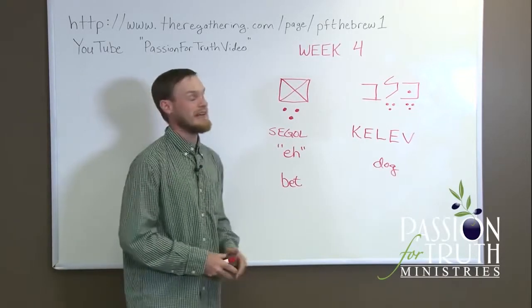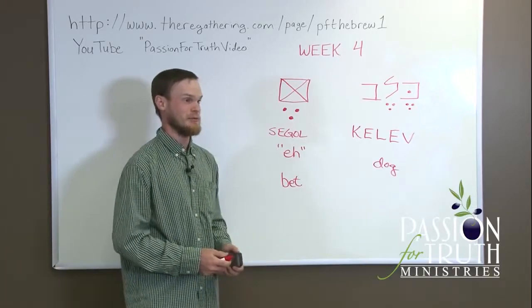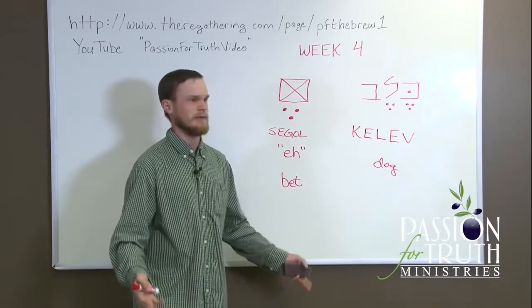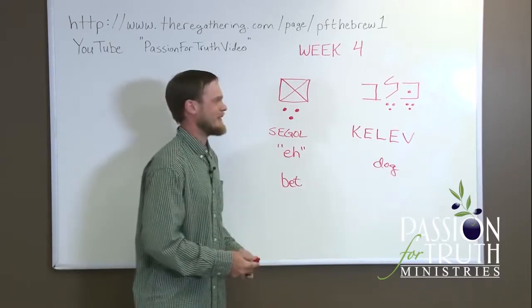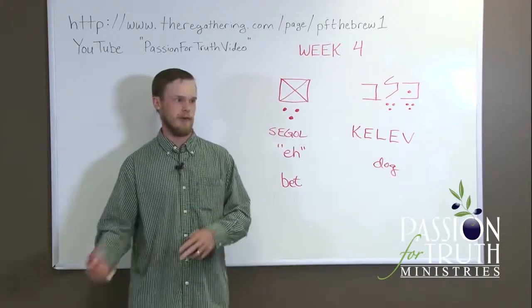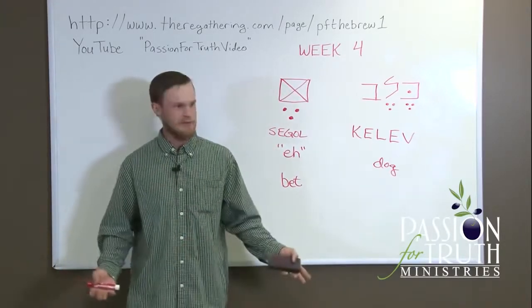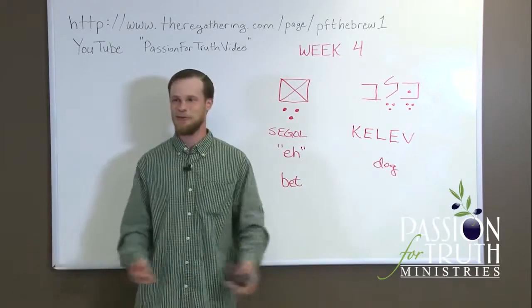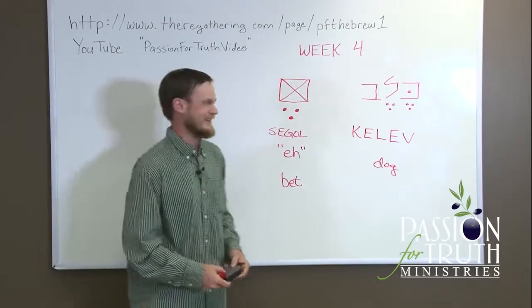I don't know. If you look at the names of some of the Hebrew names and you see what they mean, my wife says this all the time. Why would you name your child that? Like Nabal, the former husband of Abigail, who became David's wife. His name means fool. Like, why would you name your child that? Why? What was his mom thinking?